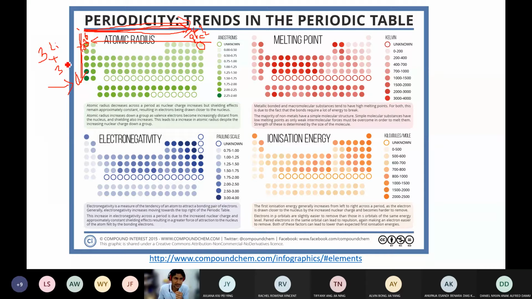Remember that in one period, in this whole period, they have the same electron configuration type of number. The principal quantum number n is the same. If n is 1, all of them have n equal to 1. If n is 2, they all have n equal to 2, and so on.